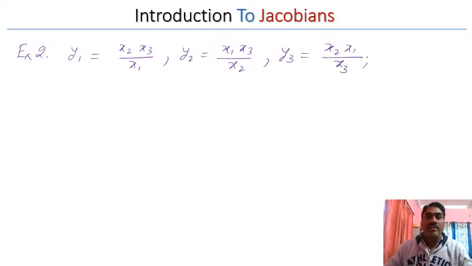So find Jacobian of y1, y2, y3 with respect to x1, x2, x3.